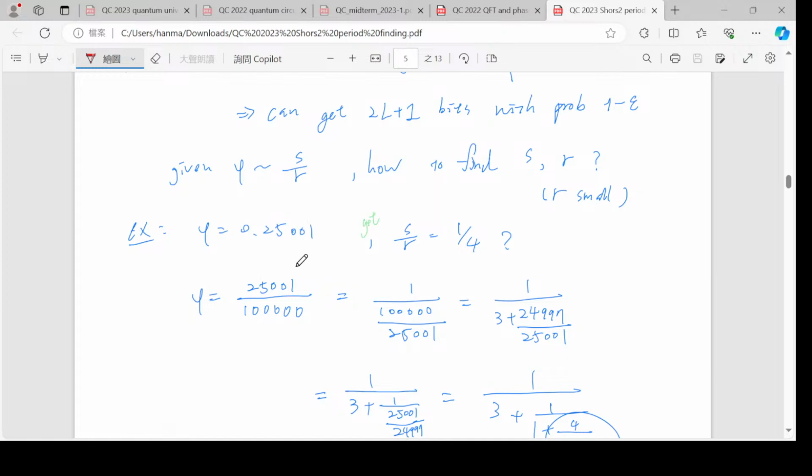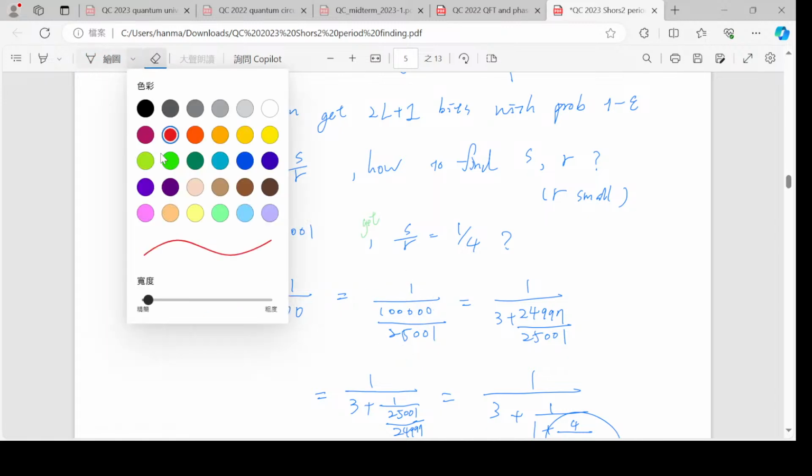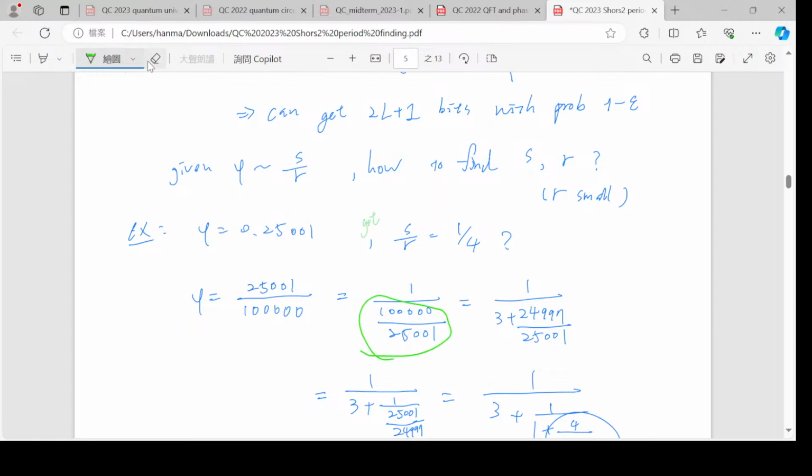Now you do this funny thing where you flip the fraction around, so it becomes 1 over 100000 over 25001. Now this is a fraction with a larger number on top and a smaller number on the bottom, so you actually do division here, and you get 3 plus a small number.